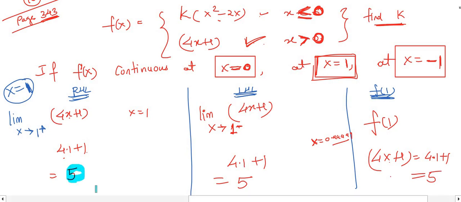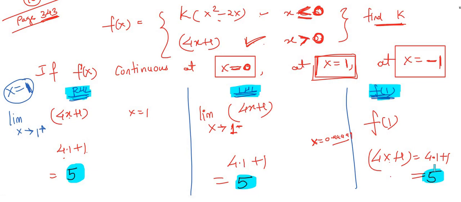So here we are getting LHL, RHL, function value. You can see RHL is also 5. LHL is also 5. Function value is also 5. Means no matter what is the value of k, it's always continuous. For any value of k, function is continuous.